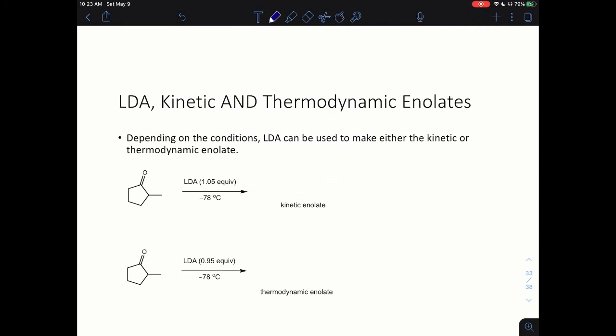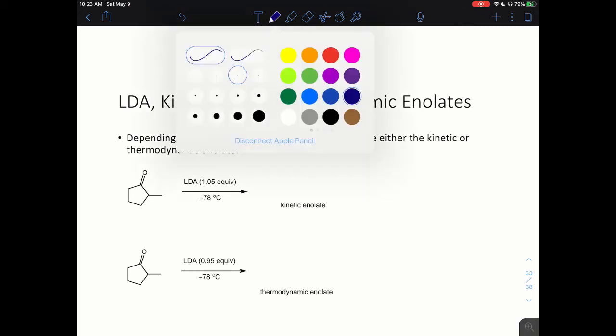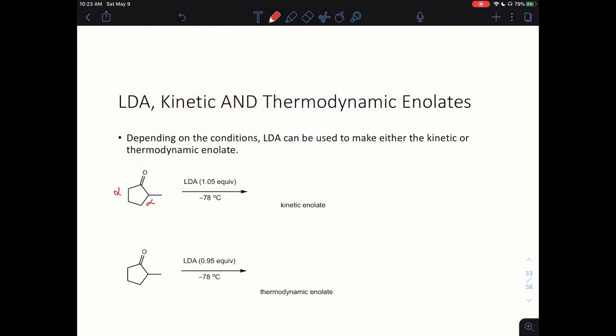I know that's confusing, so let's just take a step back. If you want to make the kinetic enolate, you want to do a normal use of LDA. What I'm going to have you do is use just a little bit more than an equivalent. You can see I used 1.05 equivalents of LDA. So it's just a little bit more than 1 equivalent, which means 1-to-1 base to ketone.